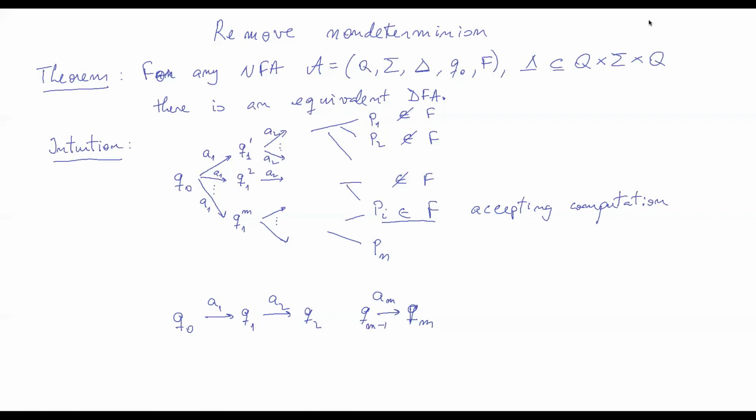So I can give you now the intuition. What I'm thinking is that we can somehow think about it like this. We start from state Q0, which is going to be represented in the deterministic automaton just with state Q0. And then after one step, the non-deterministic automaton could be in any one of these.